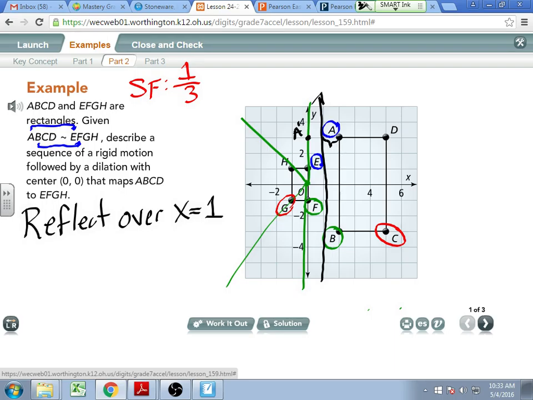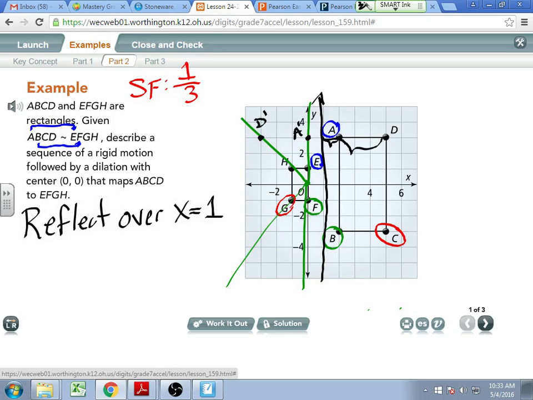D, which starts out 1, 2, 3, 4 away, will be 1, 2, 3, 4 away from that line of reflection, not from the axis, but from my line of reflection, which puts me out here on the ray it's supposed to be on.